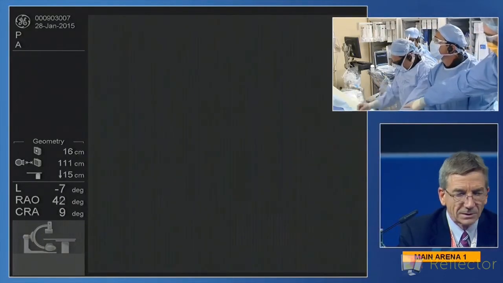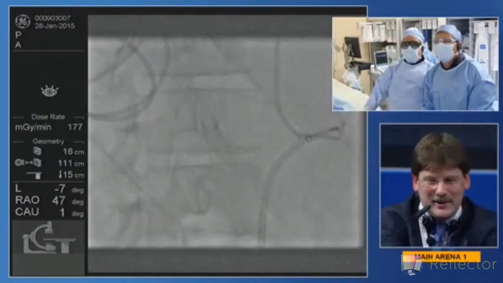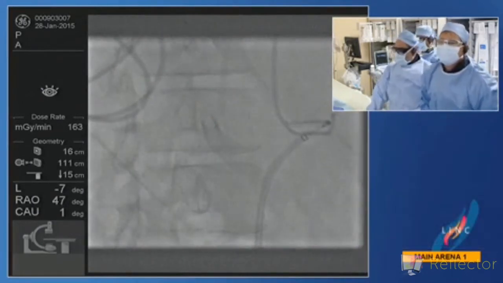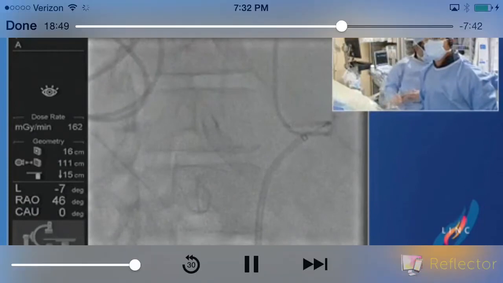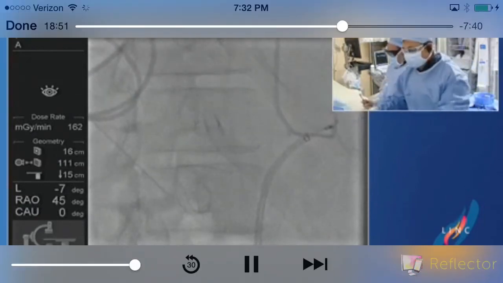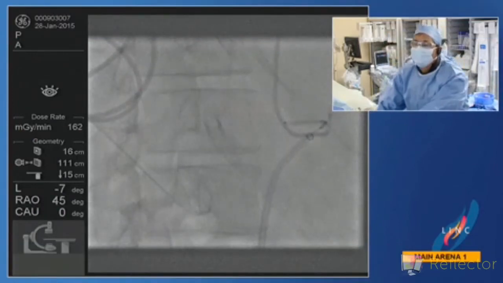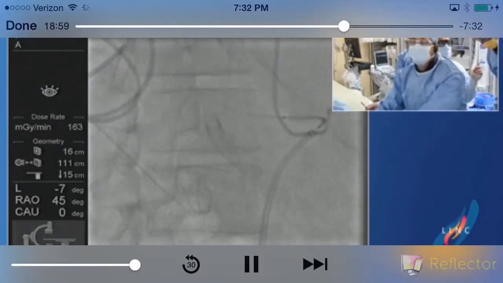So let me deploy this for you here. I'm going to go lateral here to get a sense of where we want to be. And looking at this, we can probably come back a little bit with this. I'm going to bring it back to about here or so, and we're going to deploy this in this position.